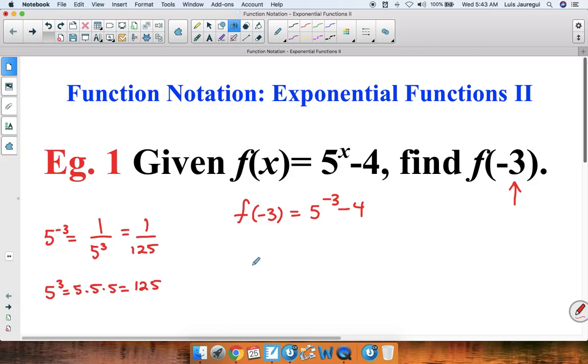Now using this information we can say that f of negative 3 is equal to 1 over 125 minus 4. In this case we are going to use a common denominator so we can combine both of these numbers. So we have that the common denominator will be 125. So we write 1 over 125 minus 4 times 125 over 125.